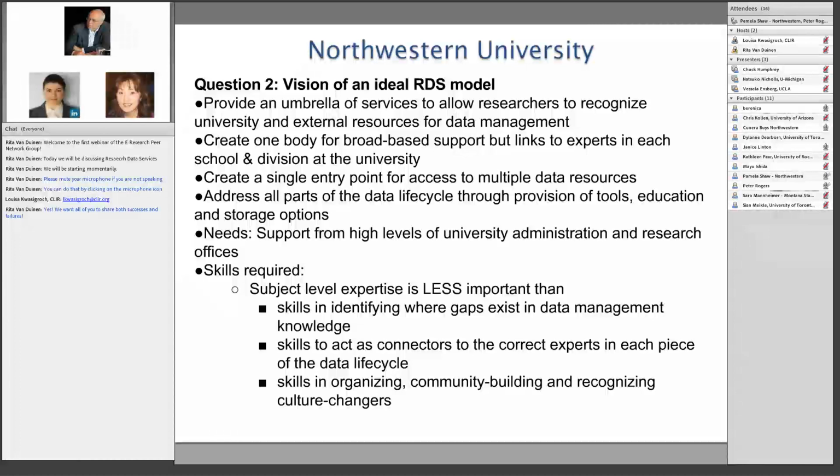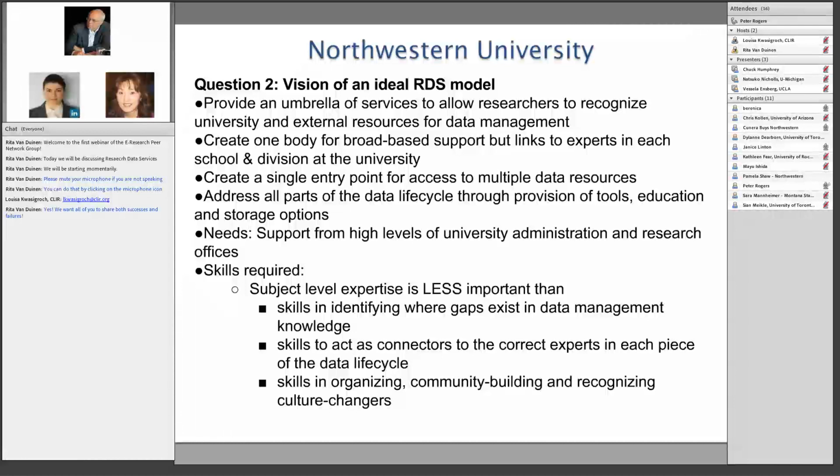So we would provide an umbrella of services, everything from education to consultation to options and assistance with data management plans. What we've discovered we need is to make sure that we have understanding and support from the highest levels of the university, administration at all schools, business school, medical school, College of Arts and Sciences, etc., and the research offices. We're getting closer, but we've discovered that everything will be much easier overall if we had high levels of support from administration.